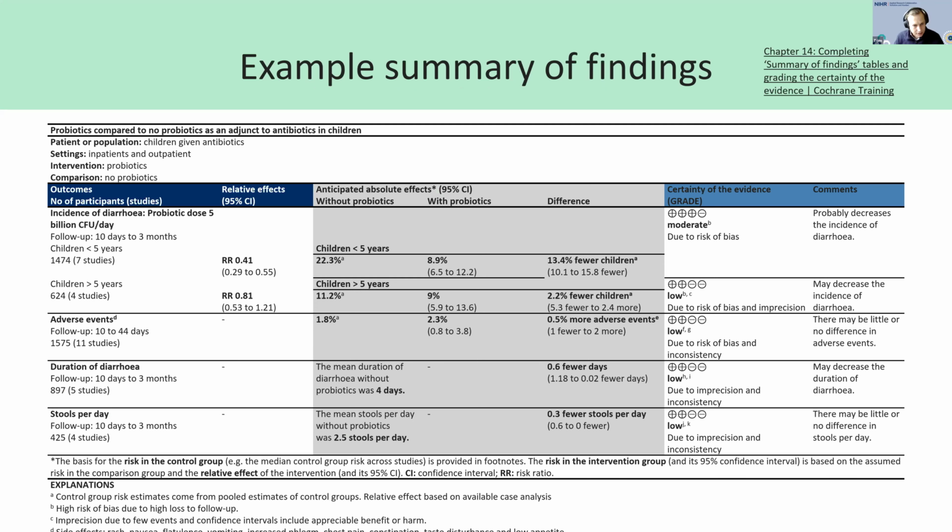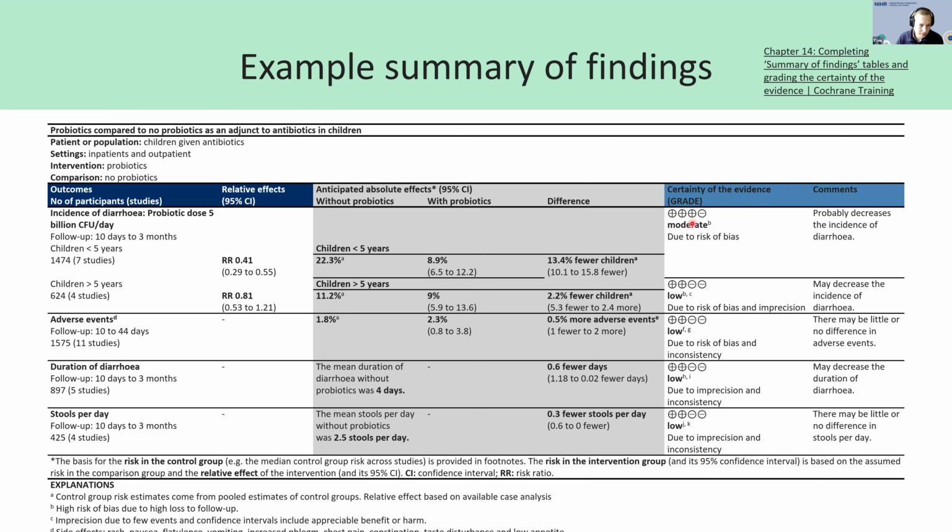And so then based on that, that will help you to populate this column of a summary of findings table, or if you're reading a systematic review that's used GRADE, you should find that certainty estimate there. And crucially, as I hope has become clear over the course of the presentation, these are really judgments that you're making.